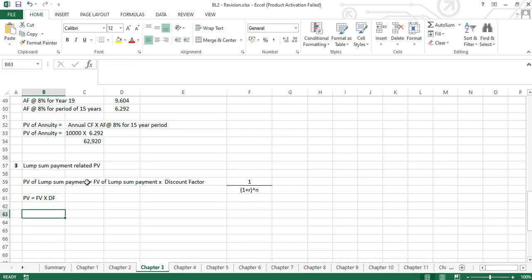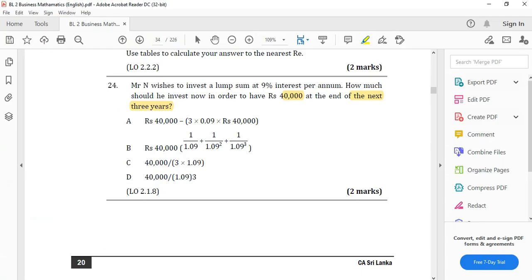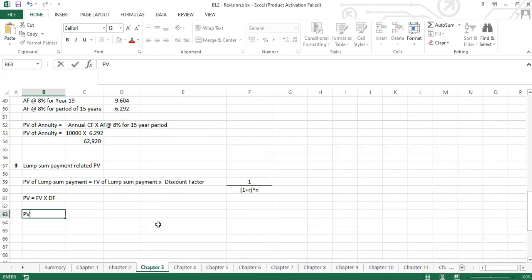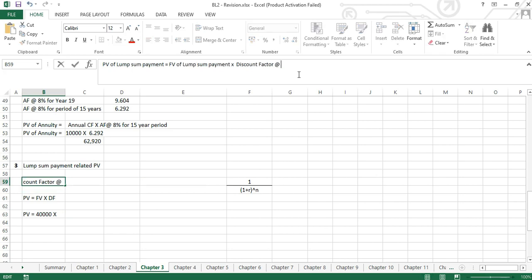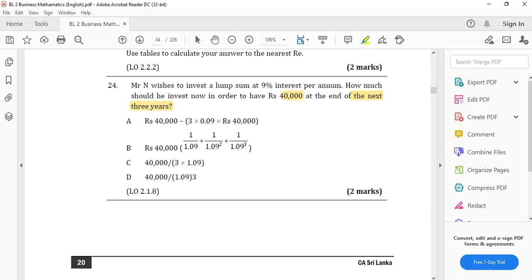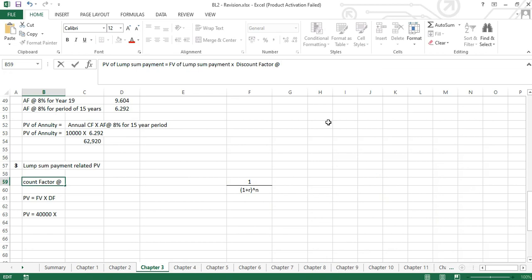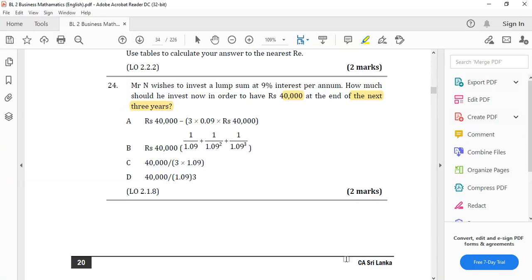So how much? Present value we don't know. So present value equals future value, which we know, that is 40,000 rupees, multiplied by which discount factor? It should be the discount factor at the interest rate given, 9% interest per annum, for how many years? They mentioned they are going to have 40,000 at the end of 3 years.